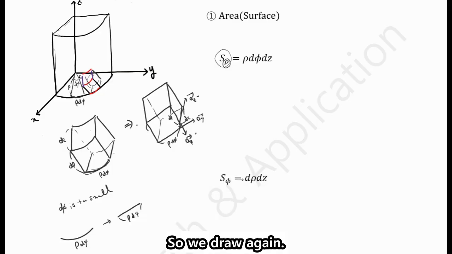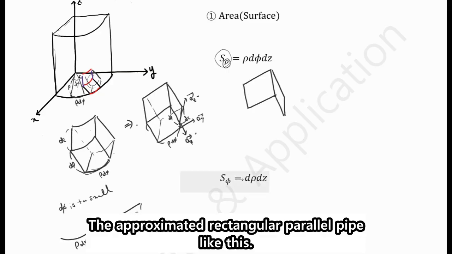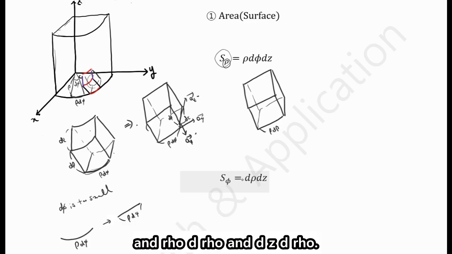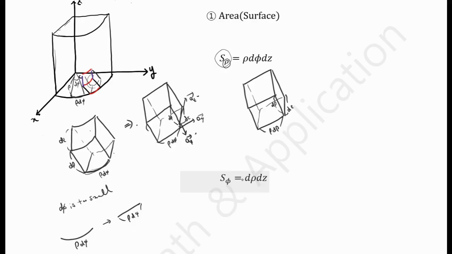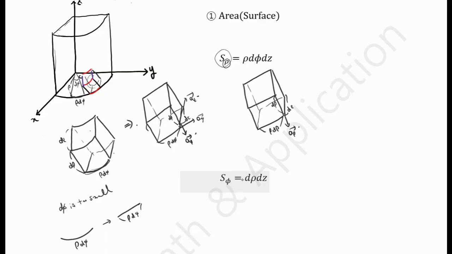So we draw again the approximated rectangular parallelepiped, with d rho, rho d phi, and dz, and this is the direction of the a rho vector.